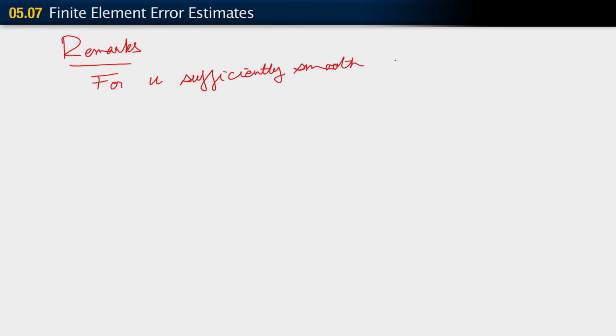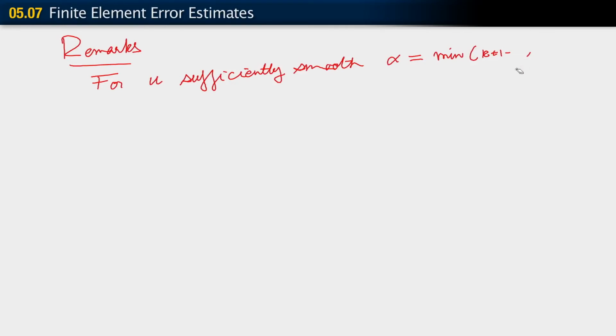Okay, what it tells us is that, if we look at cases where the exact solution is very smooth, for u sufficiently smooth, what we're seeing is that alpha is defined as the minimum of k plus 1 minus n and r minus n. Okay, in this case, we're working with the n norm, right?